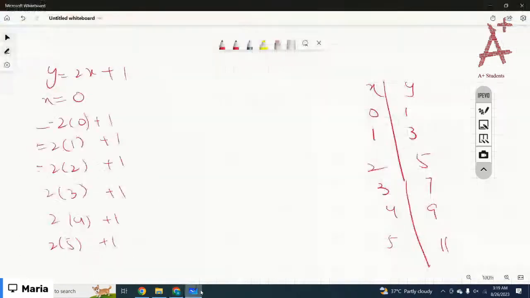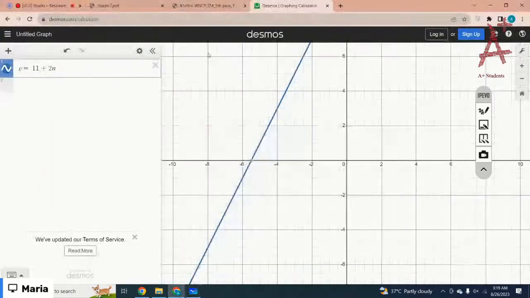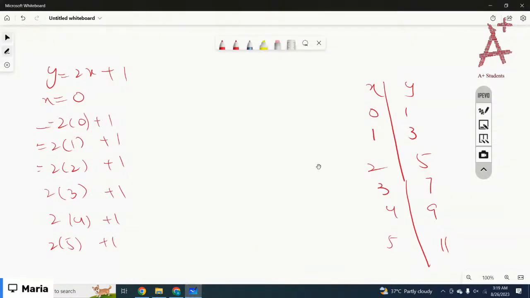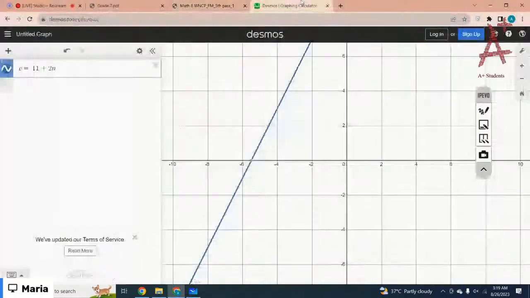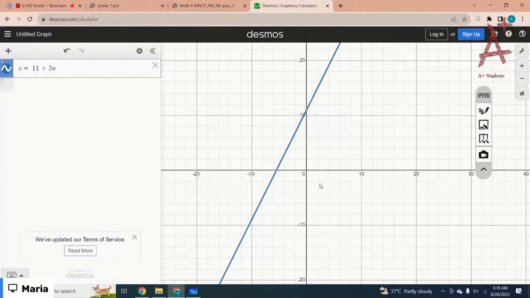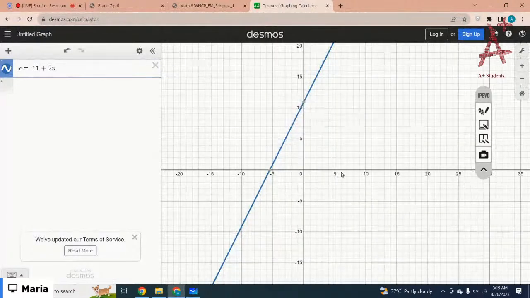Hold on. N is the number of toppings and C is the cost. You have 5 here.